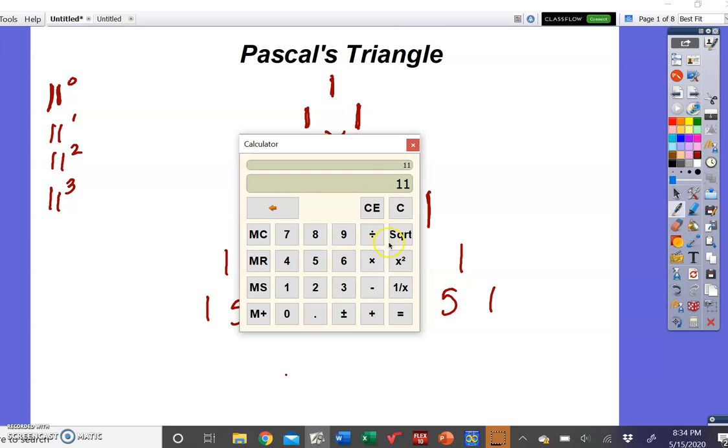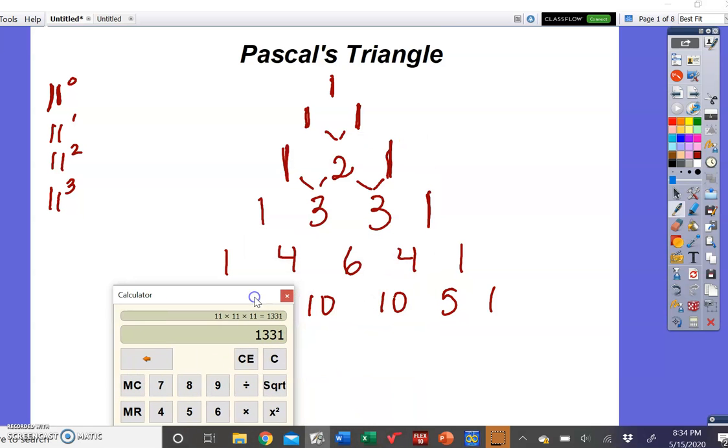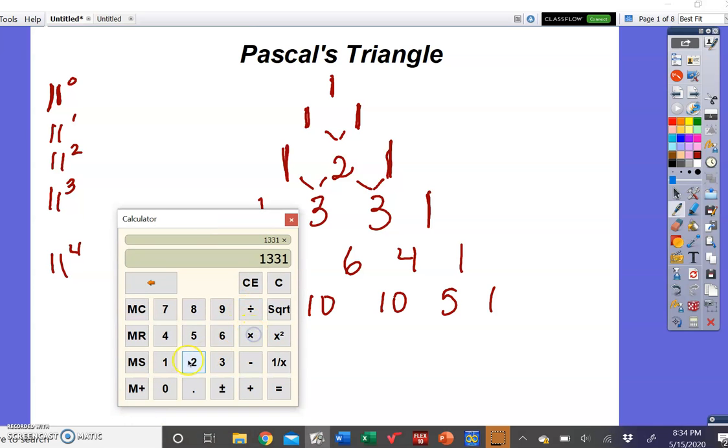So 11 raised to the third power, we'll just do 11 times 11 times 11, which is 1,331. And that works really well up to 11 to the 4th, because if I multiply by 11 one more time, it's going to work out.